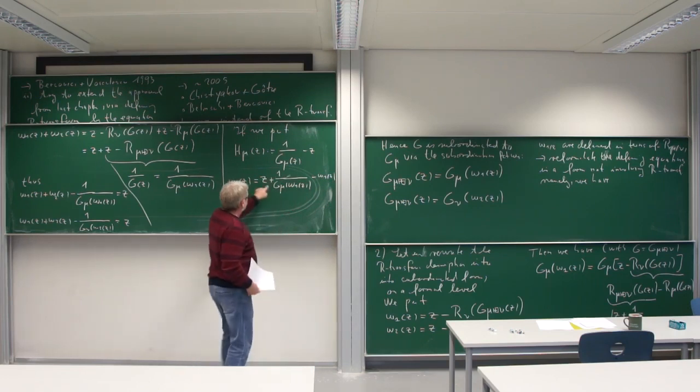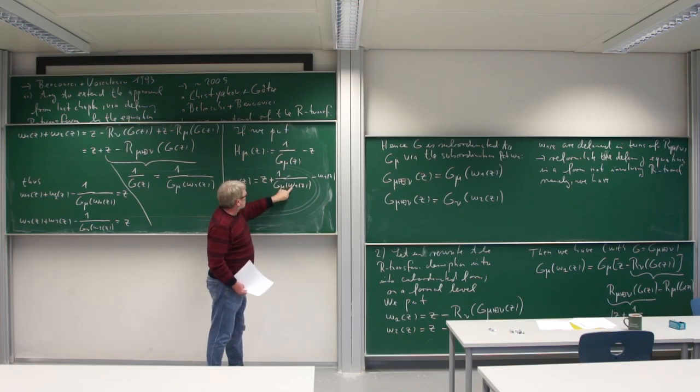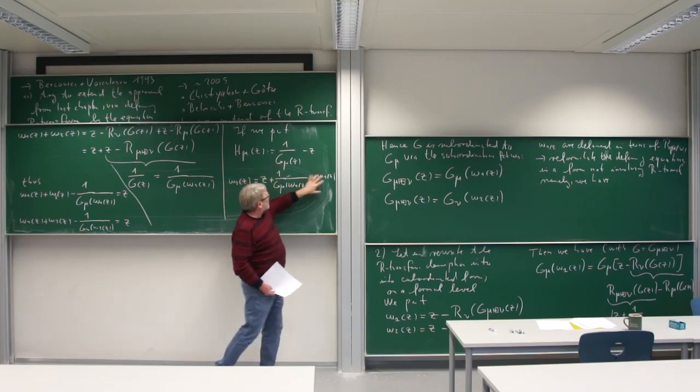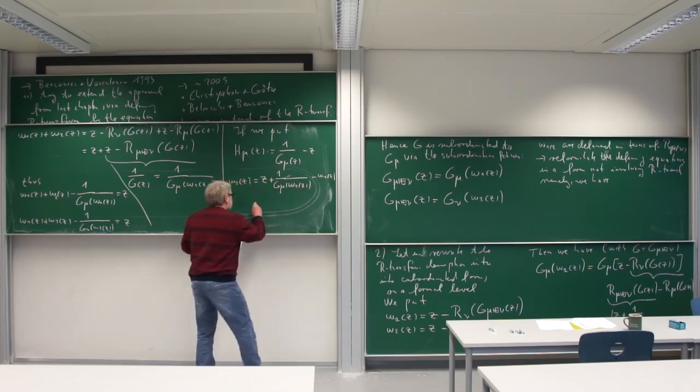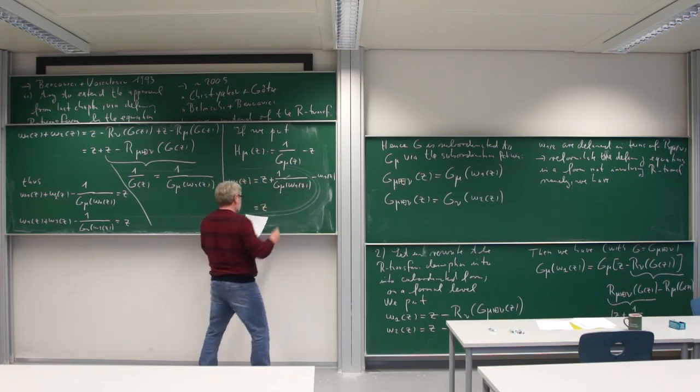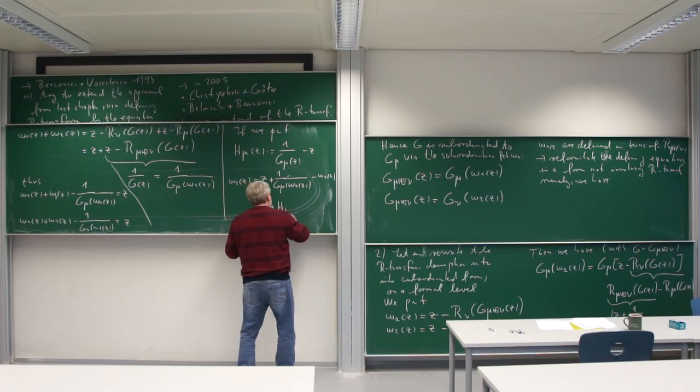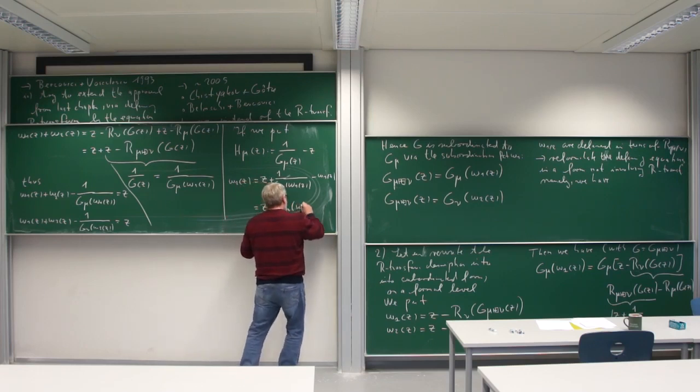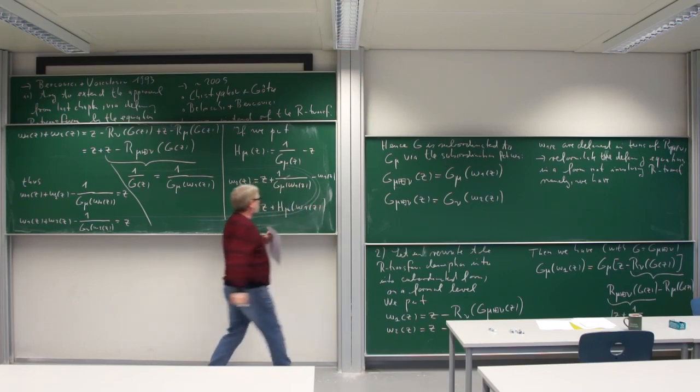And so you see what I have here exactly is this function h at the argument omega 1 of z. H is 1 over the Cauchy transform minus the argument. So what I have here is actually z plus h mu of omega 1 of z.